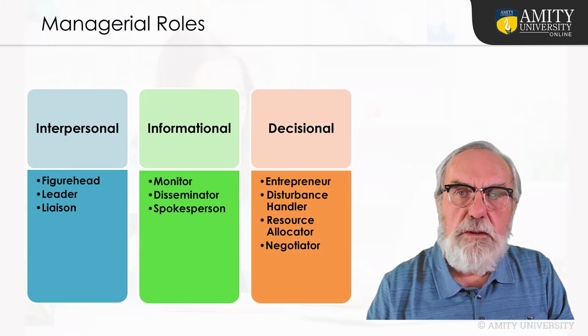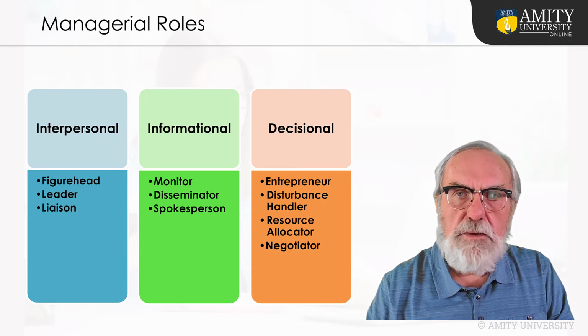Decisional roles, the roles of entrepreneur, disturbance handler, resource allocator, and negotiator, all relate to making decisions. The entrepreneur role develops new ideas and initiates changes in the organization. A disturbance handler handles problems that arise, such as strikes, copyright infringements, and energy shortages.